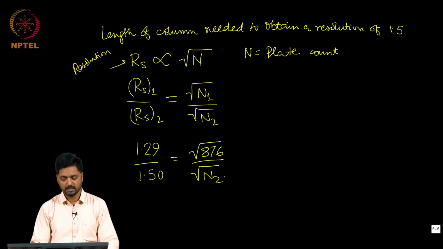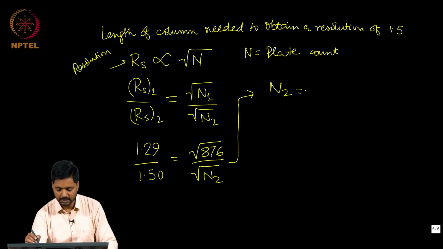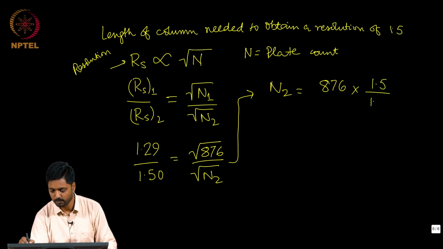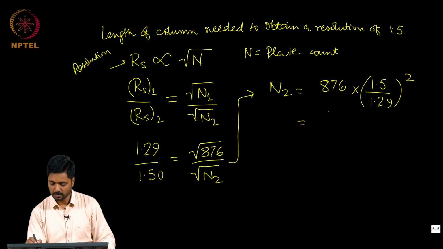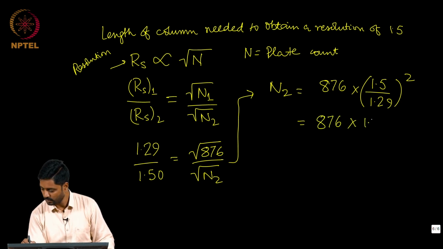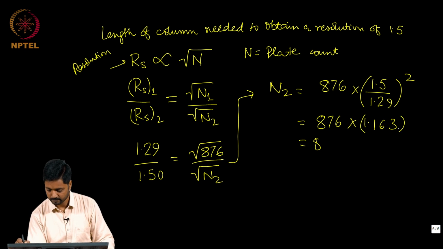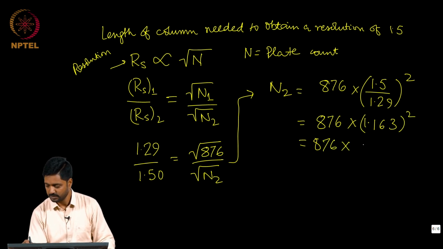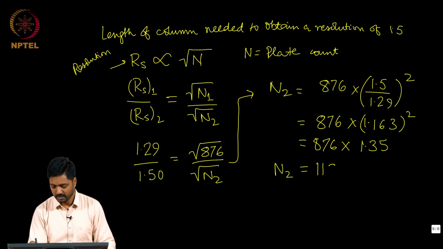So, we plug these things into the equation, and when we solve this, we get N2 is equal to 876 into (1.5 by 1.29) squared, and this solves out to 876 into 1.163, and finally 876 into 1.35, and all of this gives us the N2 value as 1184.